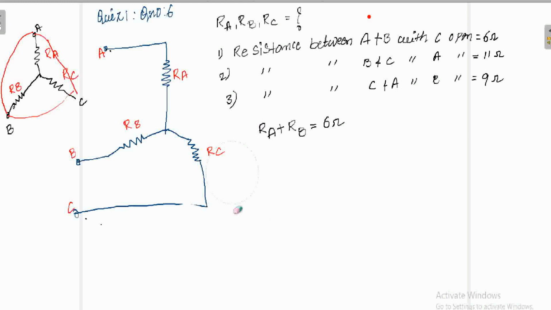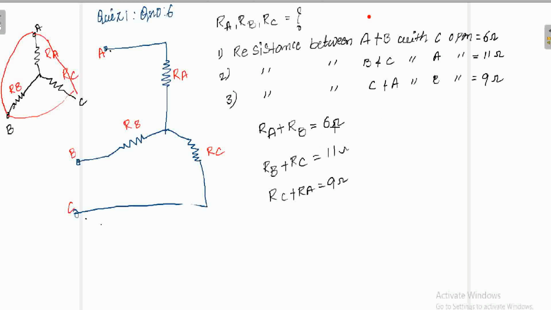So RA plus RB equals 6 ohms, RB plus RC equals 11 ohms, RC plus RA equals 9 ohms.